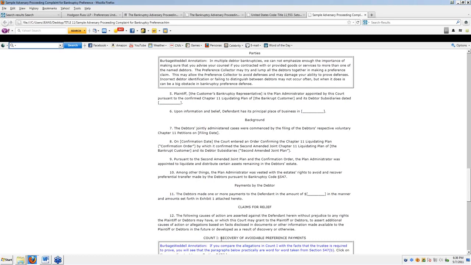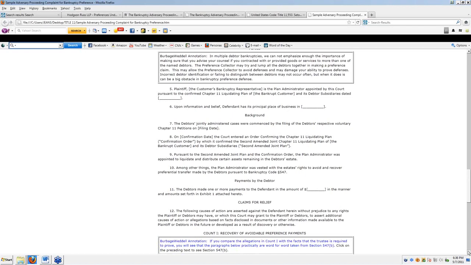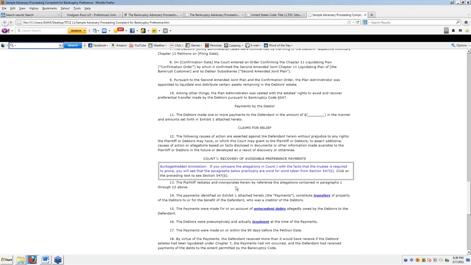So what does that do? It says count 1. Now here's how you state your claims. If you compare the allegations in count 1 with the facts that the trustee is required to prove, you will see that the paragraphs below are practically word for word taken from section 547(b).